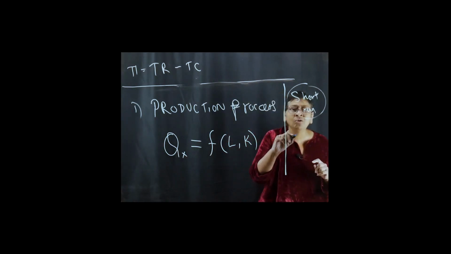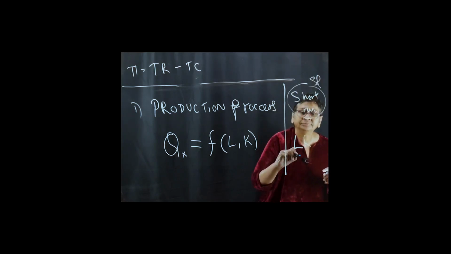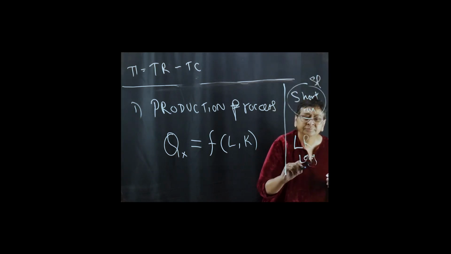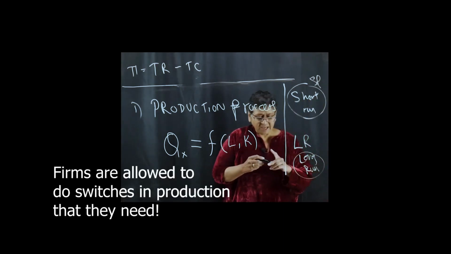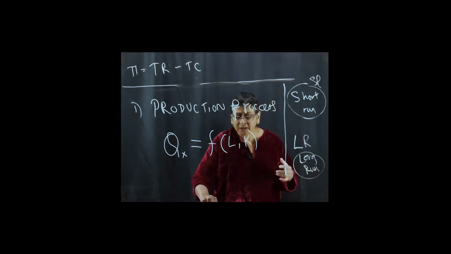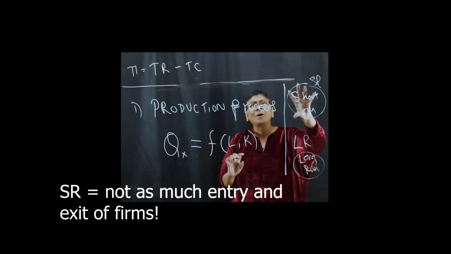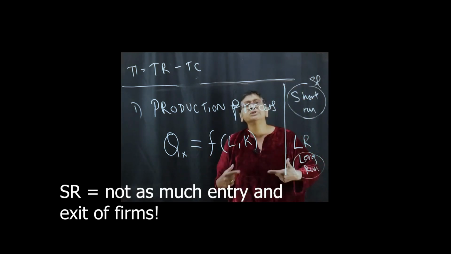And then in the long run, firms are able to actually do the switching in production that they need. So what this means is, in the short run, you don't have quite so much entry and exit of firms, right?